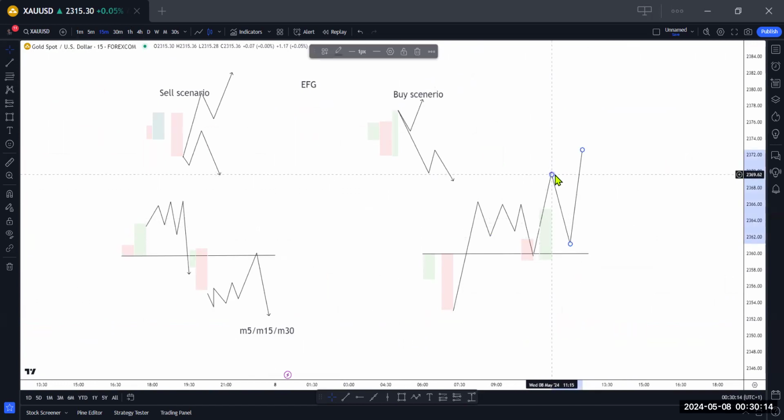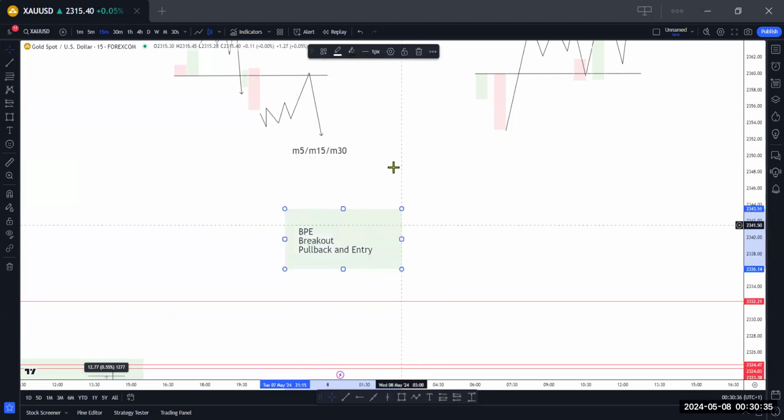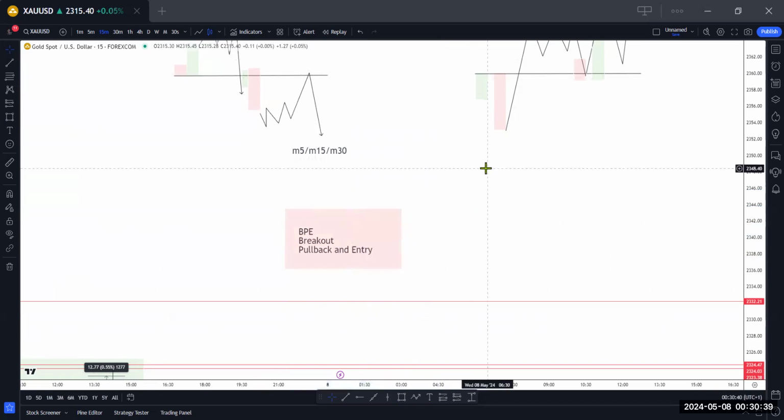Now, the second type of setup we want to talk about, which is my favorite setup, is this: you have breakout, you have pullback, and entry. This is the gold standard of trading in Malaysian SNR. You have breakout, you have pullback, you have entry. Let this be your anthem.